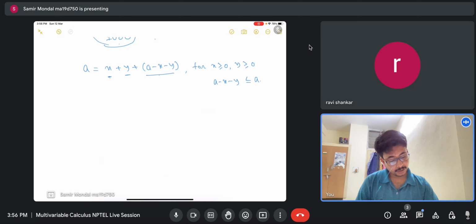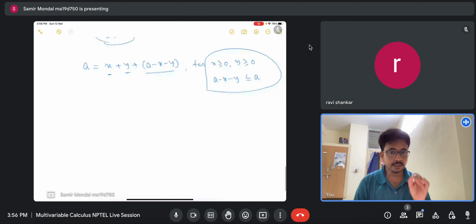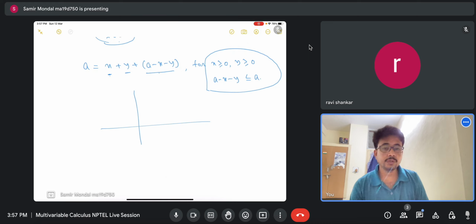So can we draw one figure in R2 showing that x and y satisfy these conditions? We are dividing a into three parts, x, y and the remaining quantity. x may be 0, y may be 0, then the remaining quantity should be a.